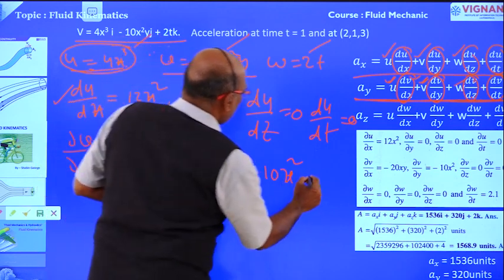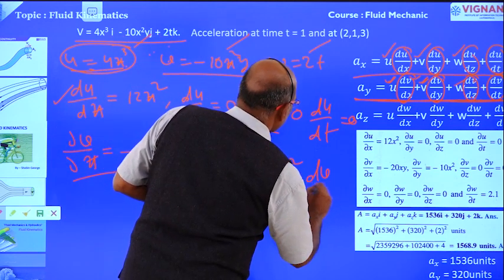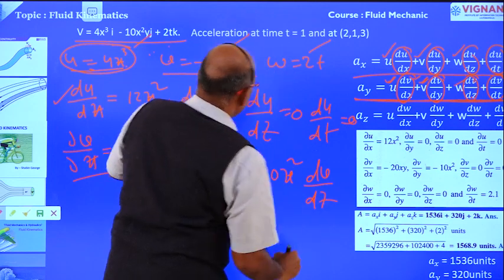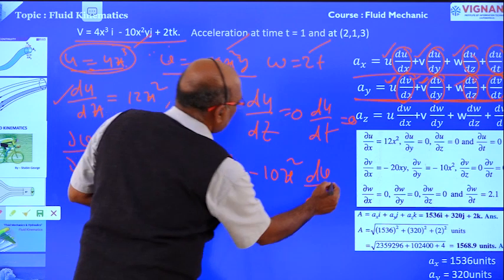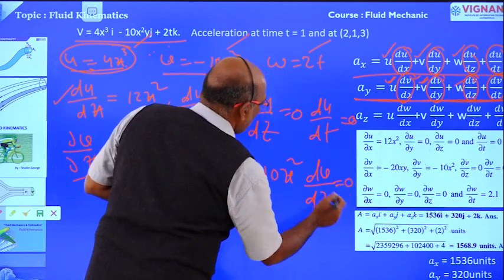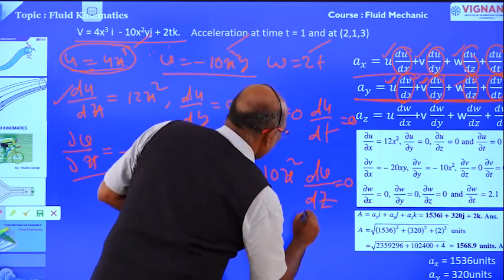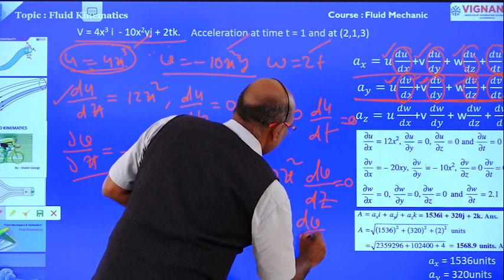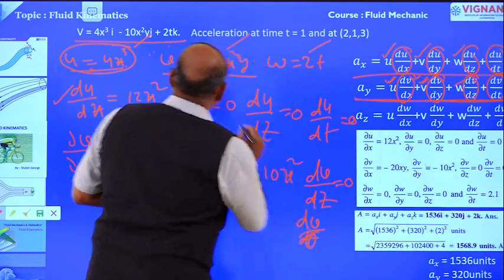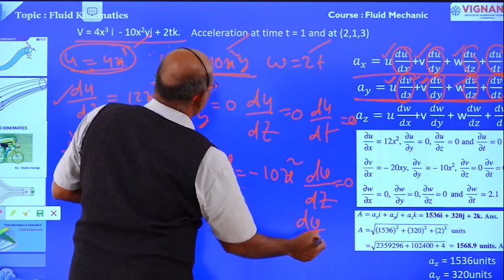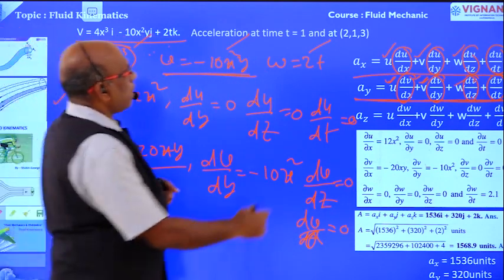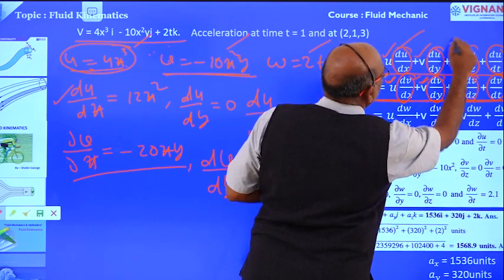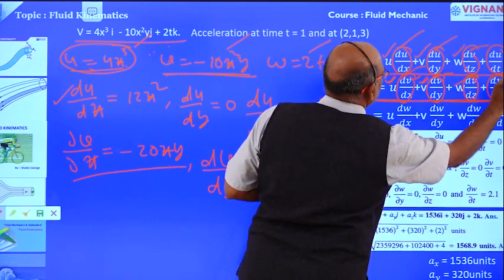And next one, dv by dz, differentiate with respect to z is equal to 0. And last one, dv by dt, differentiate with respect to t, this is also 0. Right, we have determined all these values.